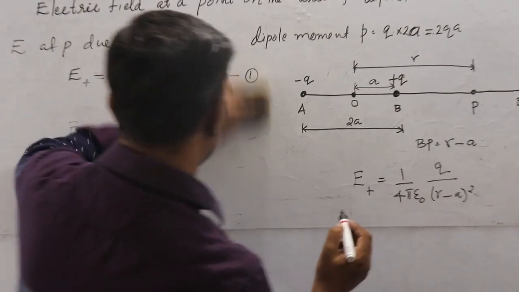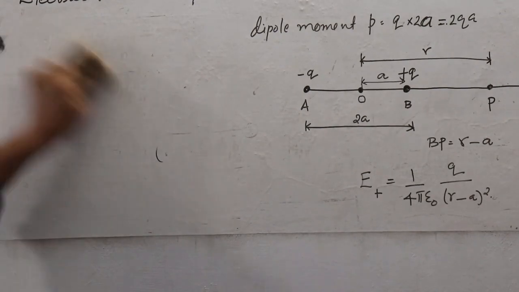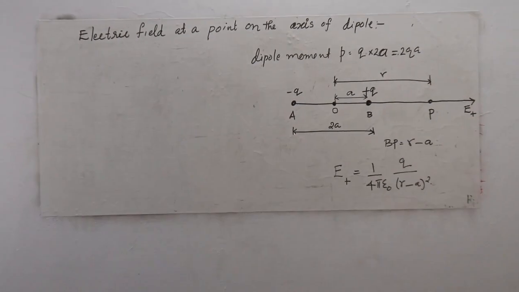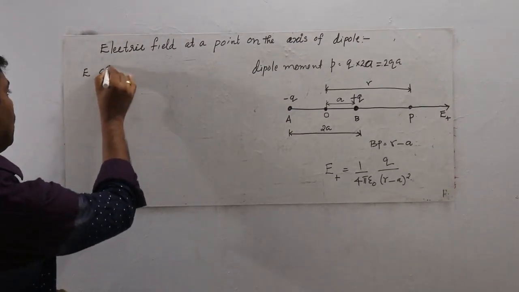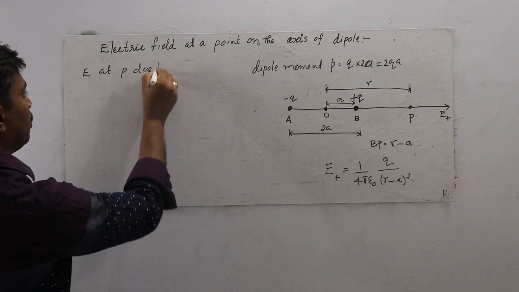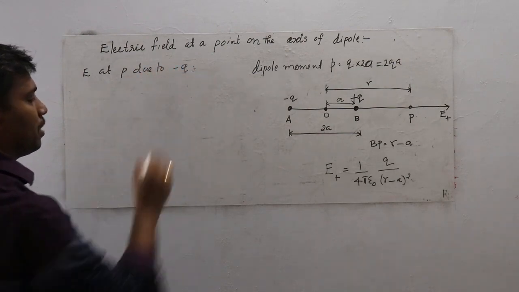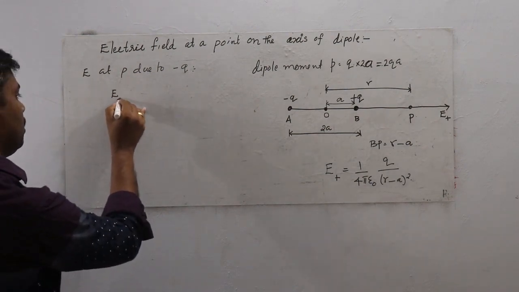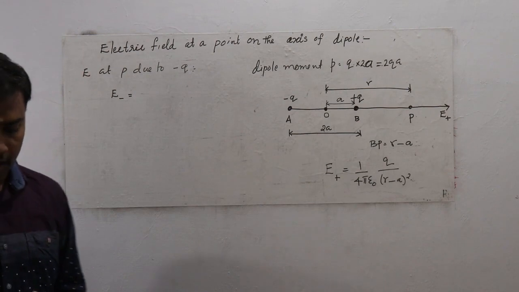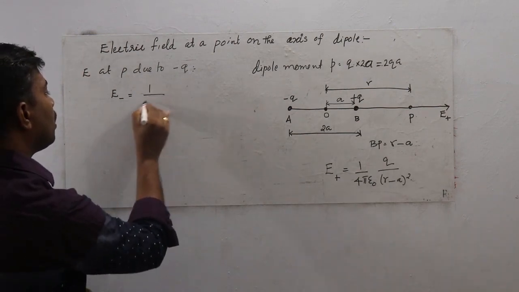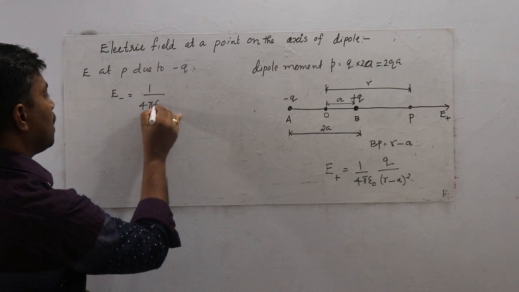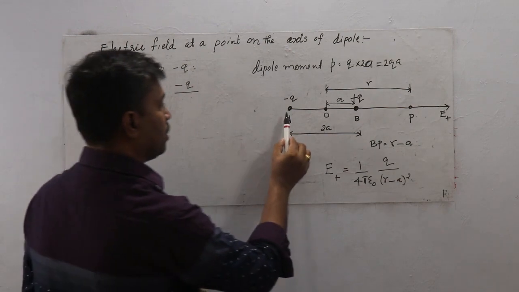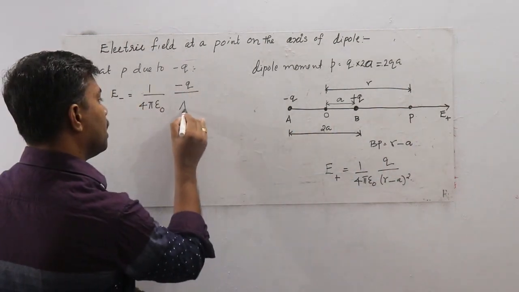Next we have to find the electric field at P due to the negative charge minus Q. That is represented by E minus equal to 1 by 4 pi epsilon 0 minus Q divided by the distance AP square.